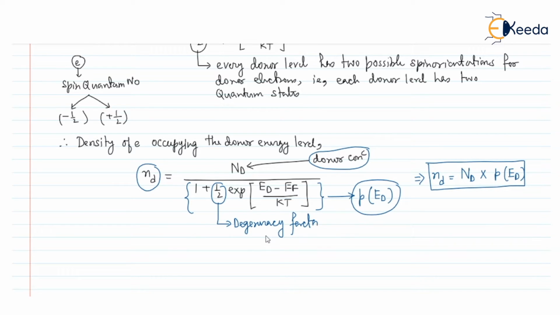And this half factor has come due to the two possible spin orientations of the electron.